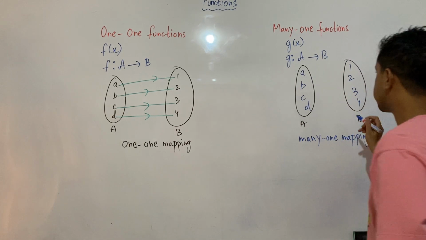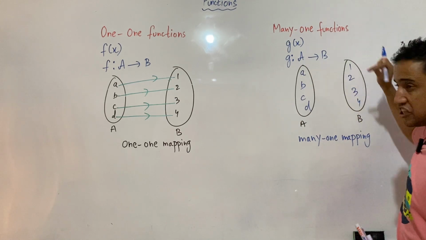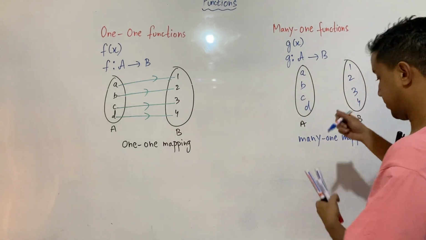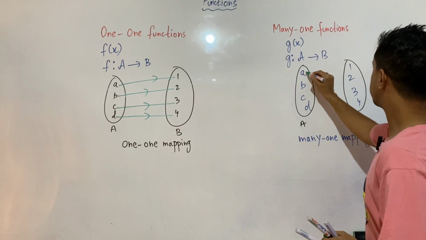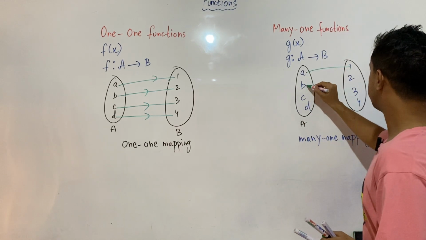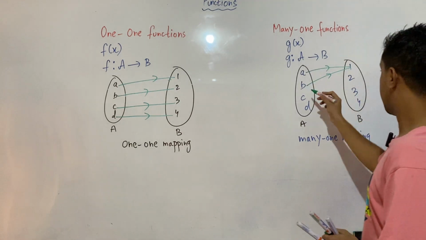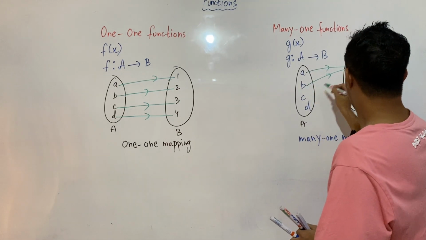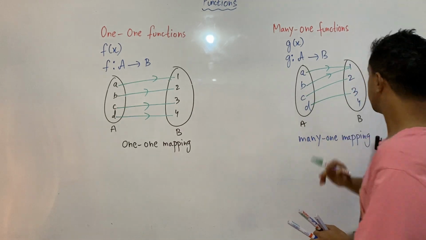It means that many elements in set A are related to one element in set B. See here what kind of scenario they are talking about: a is related to 1, b is also related to 1. Let's say c is related to 2, d is related to 3.